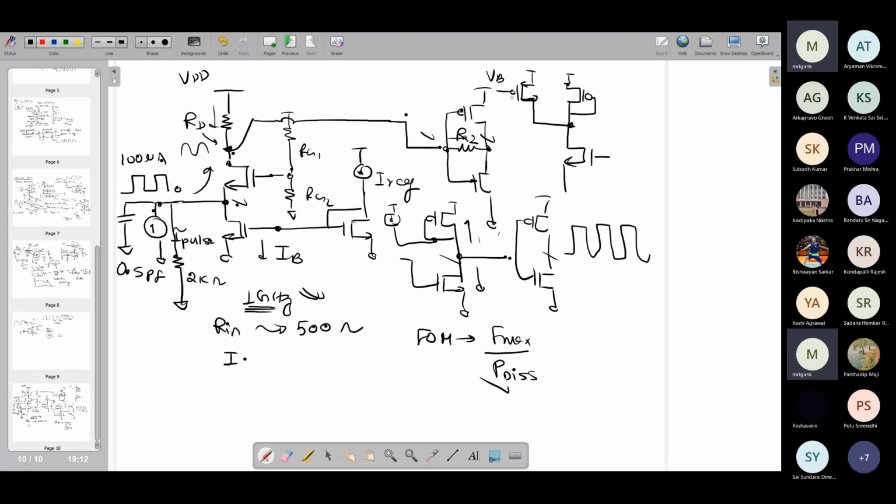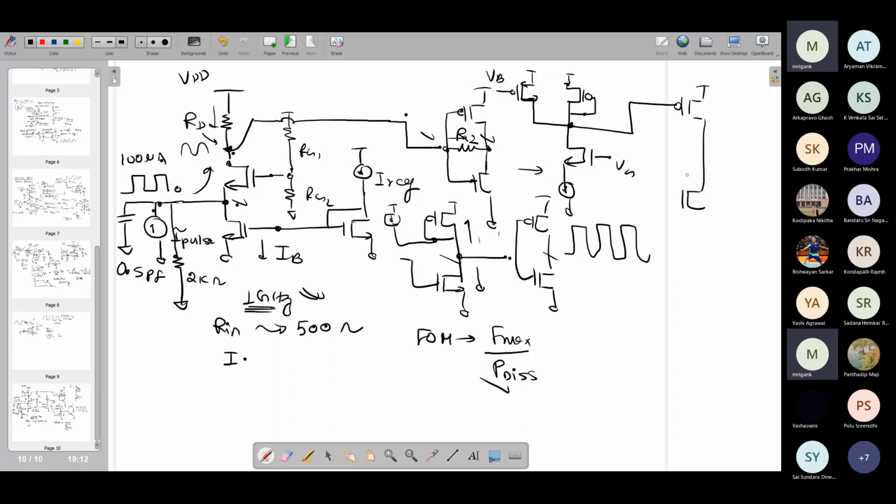So this is VB. This is the current source. This can be biased with the help of a current source, and your input signal is coming here. This is another current source over here, and with the help of the VG resistor you have established the VG. Now if you want additional gain, because this common gate stage may not be able to give you a lot of additional gain, since it's just given by 1/gm of this transistor, then you can use another stage of common source amplifier and try to get additional gain.